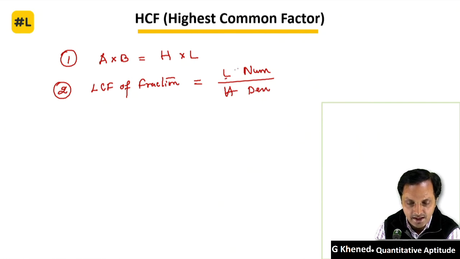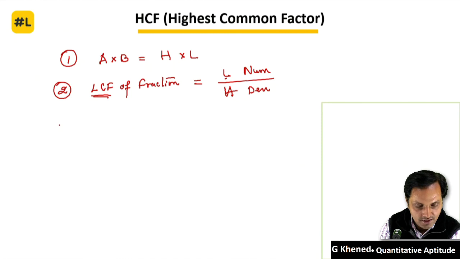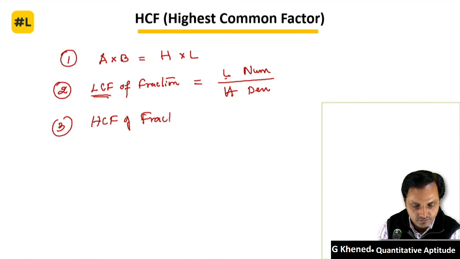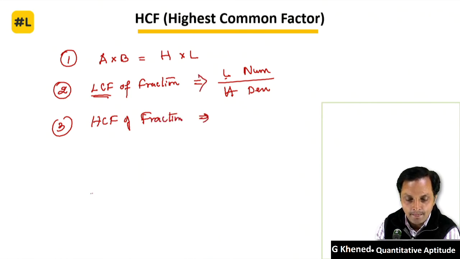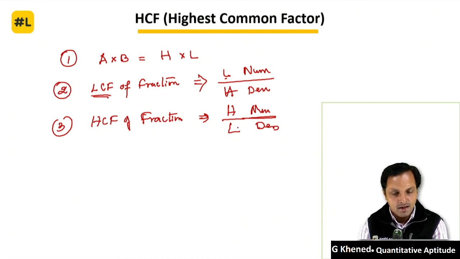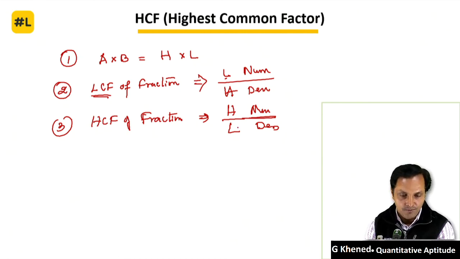You can remember it as, if it's L, L by H. If it is H, then H by L, and this is for the numerator and this is for the denominator, which you need to follow. Okay.